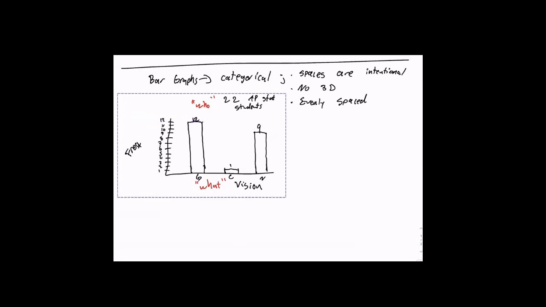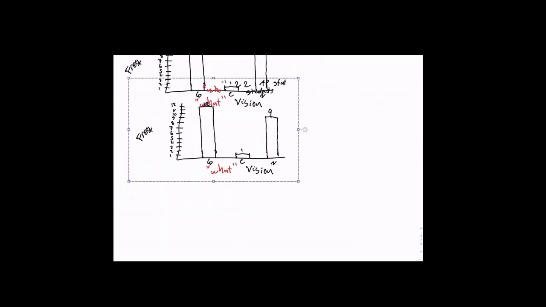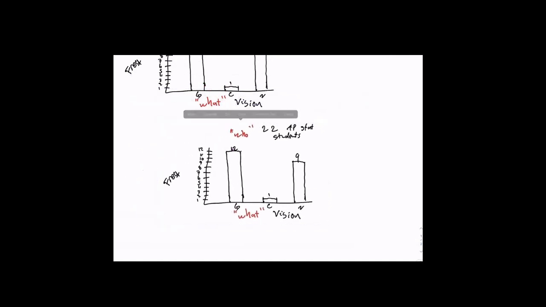Now notice what I'm going to do here. Okay, watch this. I'm going to now draw a relative frequency bar graph. And I want you to note that everything stays the same except this. I did this purposely.